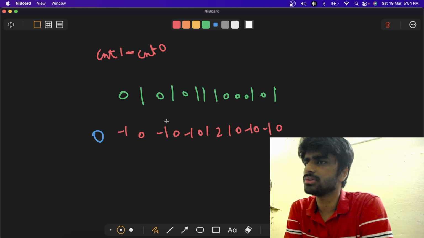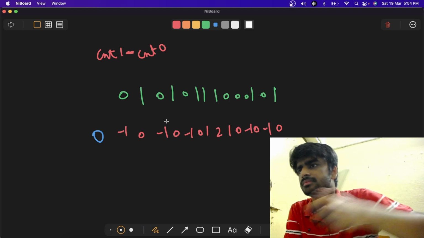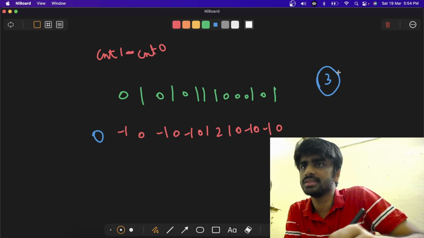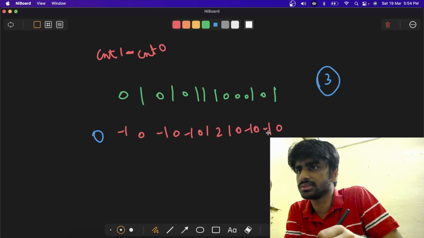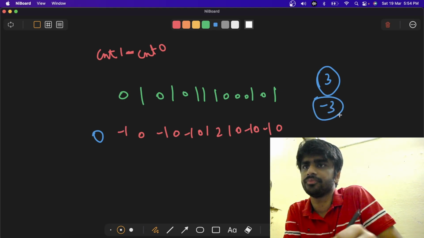One observation might be, wait a second. What's the biggest value? 2 minus -1 is 3. 3 is the biggest value that we can get. And what's the smallest value? I guess -1 minus 2 is -3.